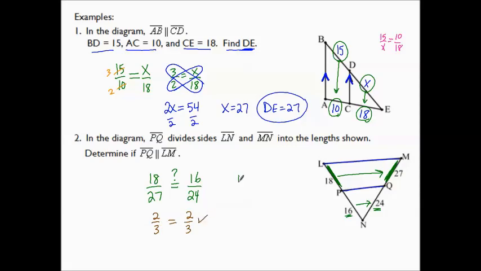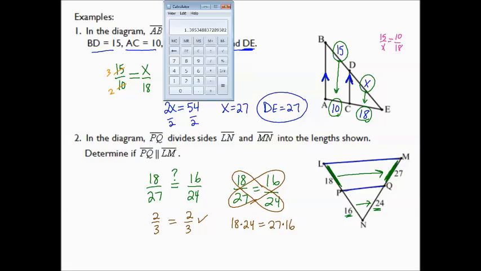We could have checked it this way, 18 over 27 equals 16 over 24. We could have checked it by cross multiplying. What is 18 times 24? What is 27 times 16? Are they equal? Let's see. 18 times 24, 432. 27 times 16, 432.